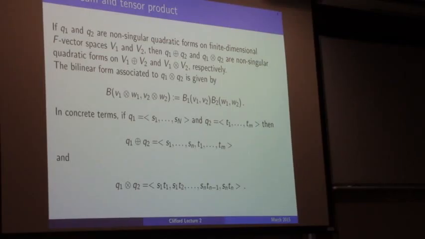To define it this way, we would have to prove that if I replace, say, Q1 by an equivalent form, then what comes out here is equivalent. So I need a coordinate-free formula like this to actually show that it's well defined. And only then I can write down something like this.